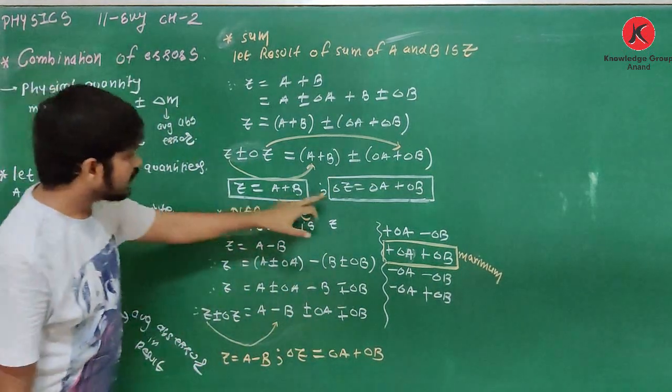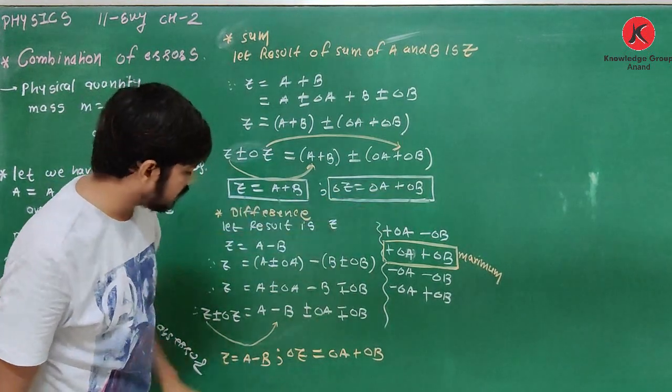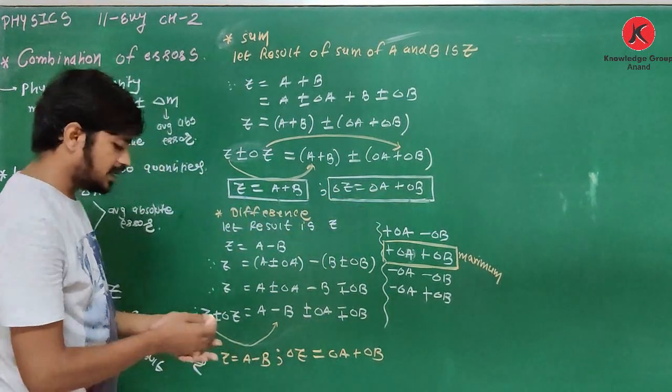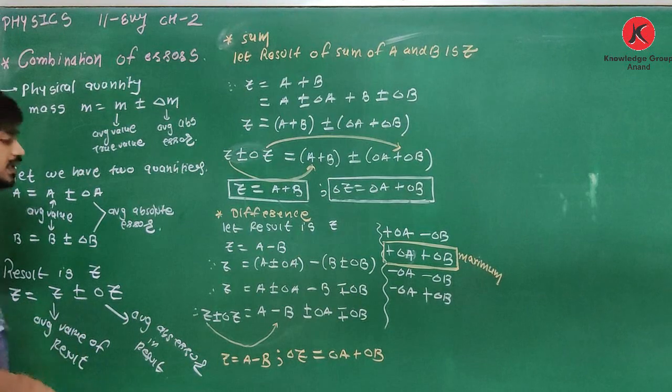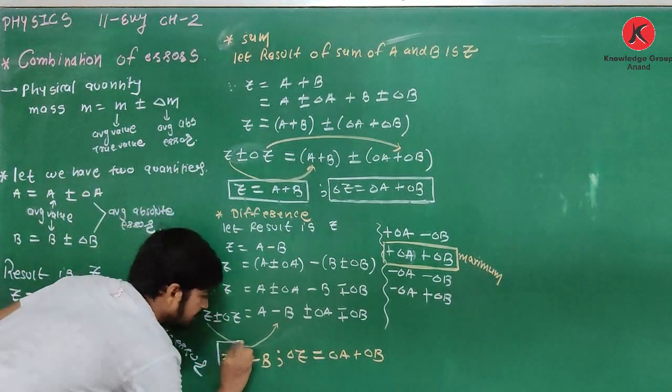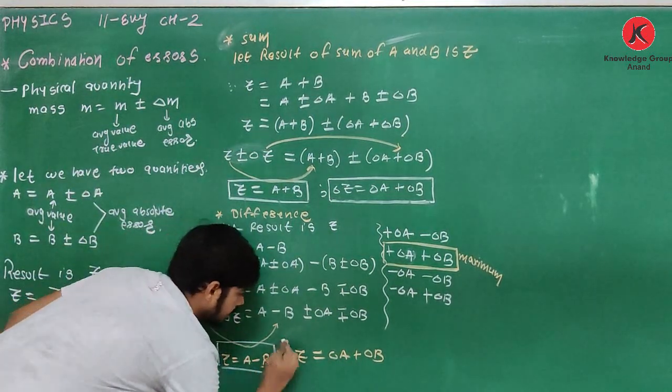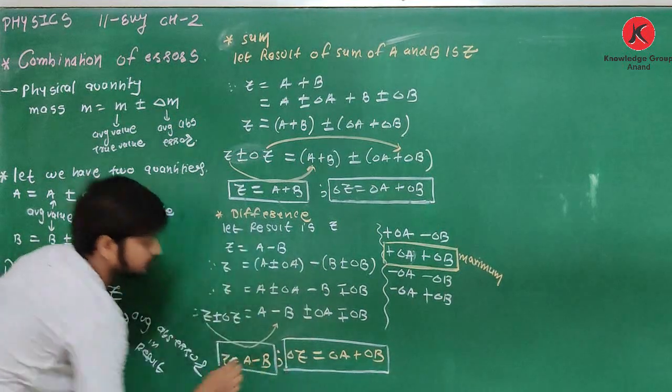See the result here. Delta z is equal to delta A plus delta B. So yes, you have to remember these boxes.